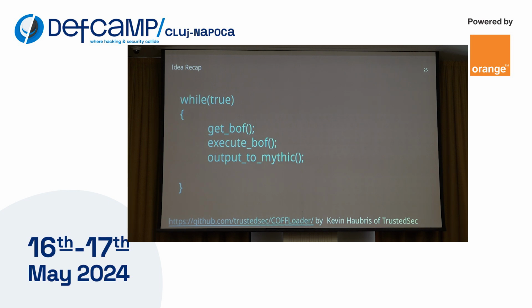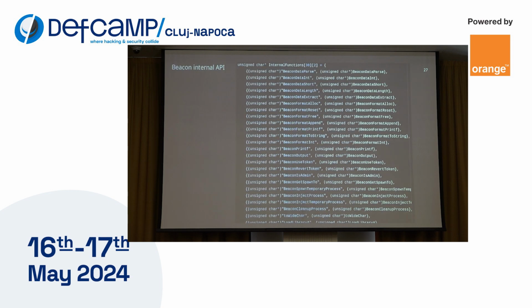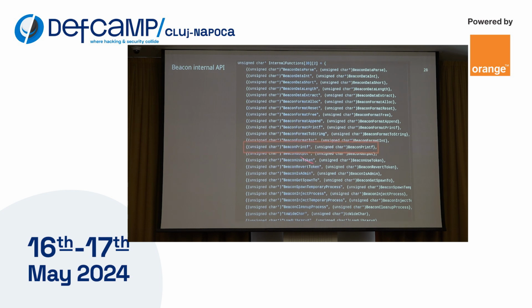So we can just borrow this part and then combine everything. So why is it called beacon object file? Well, when you have an agent, and for example, you have a set of APIs that you want to use. For example, this one is called BeaconPrintf.